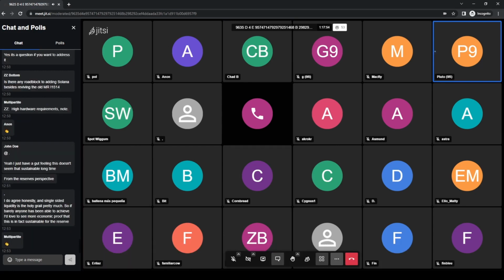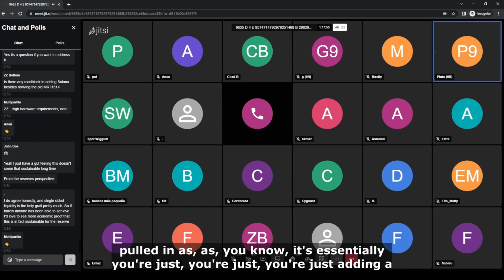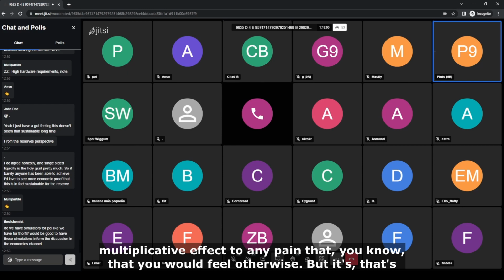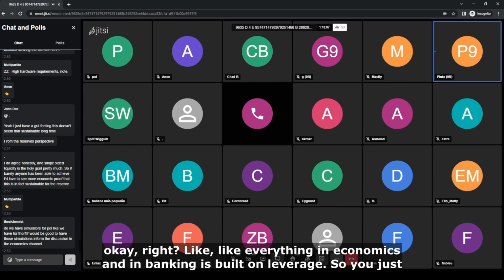It's essentially adding a multiplicative effect to any pain that you would feel otherwise. But that's okay, right? Everything in economics and in banking is built on leverage.